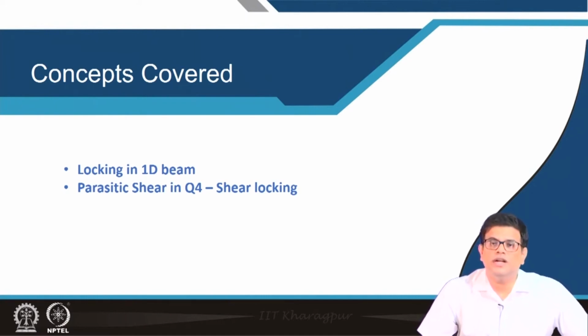So, this also we will discuss, what is actually the reason that mesh locks, and why we should take care in discretization, or while considering the element for a given problem, why we should keep in mind that this kind of element will have some specific behavior in specific deformation modes like bending.